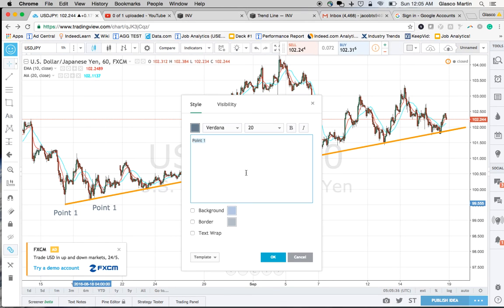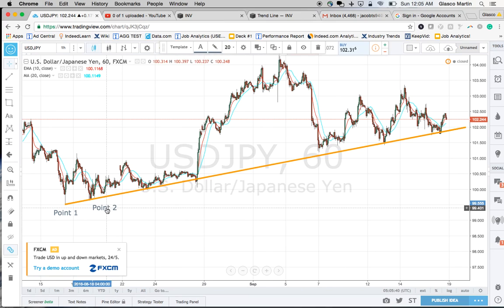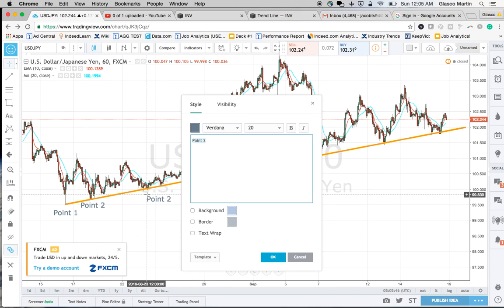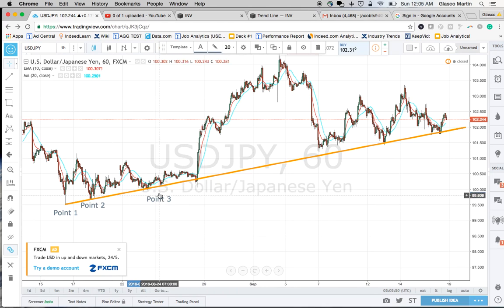Point two is right there. This can be three. You could count this as another point also. I'll just count this as point four.